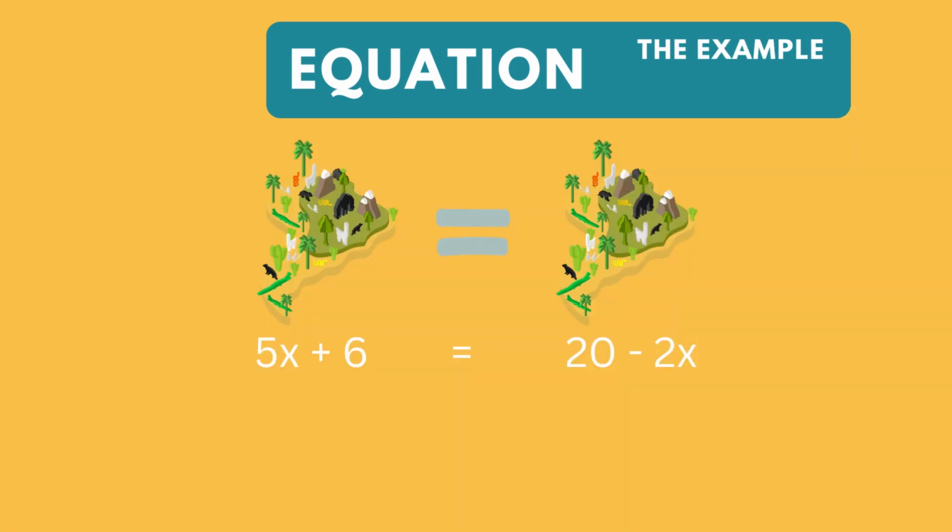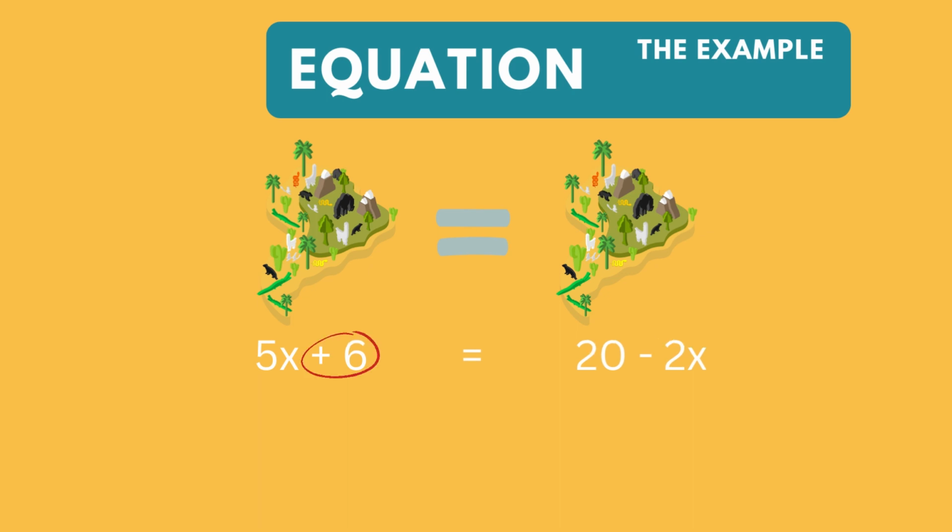Look, we have two islands, left and right, and they are equal. On the left island, we have two people. The first one has 5x, and the second one has plus 6. And on the right island, we have 20 and minus 2x. So the first person has 20, and the second person has minus 2x.